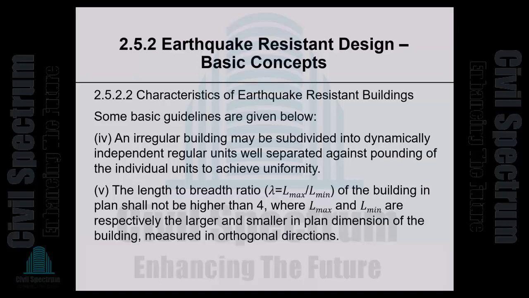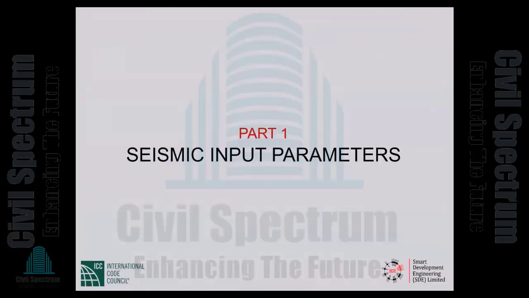You have no control over the shape of the land, so slender buildings are becoming more and more common. So all the 5 things listed are very desirable, no question about it. At the same time, this is not what you will get most of the time as an engineer to design with, and we have to design what we have to design. We do not have a lot of control over that.